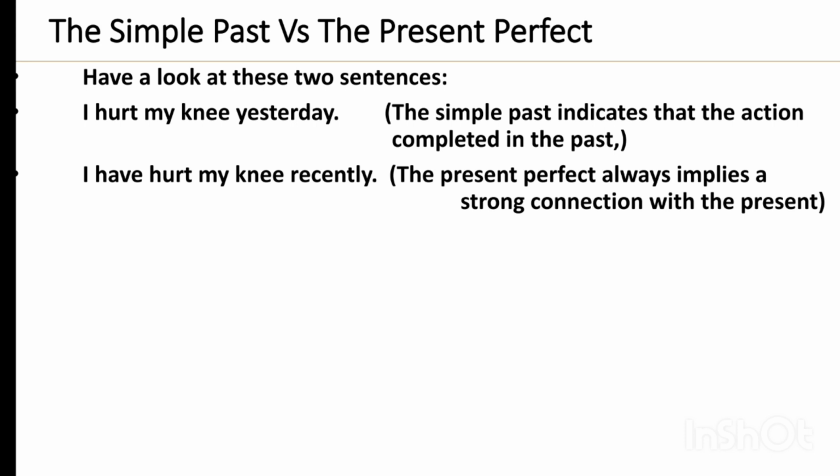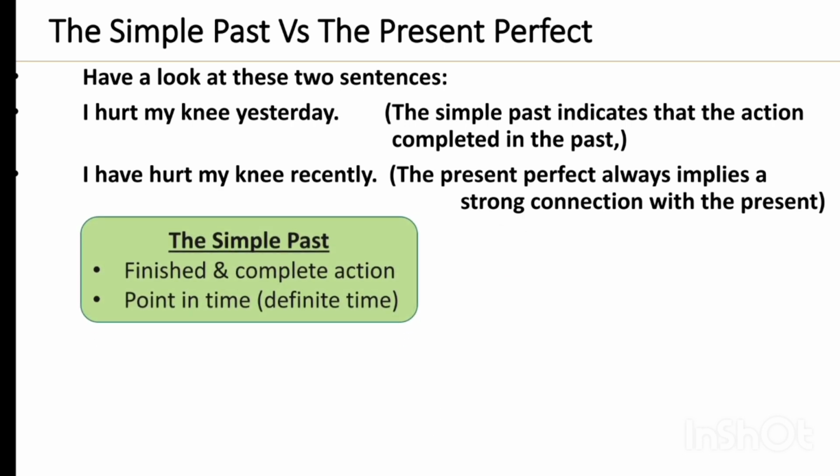The action is completed in the past, or has just finished, but is still connected to the present. Present perfect always implies a strong connection with the present. So I have hurt my knee recently means my knee is still painful.